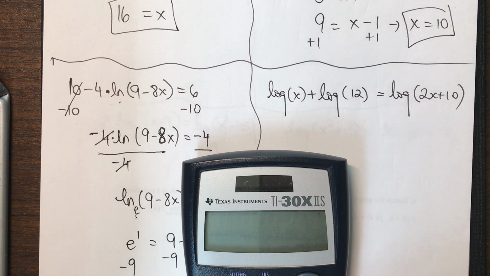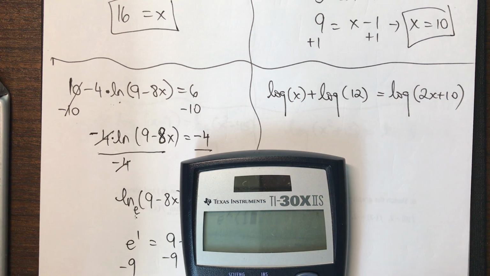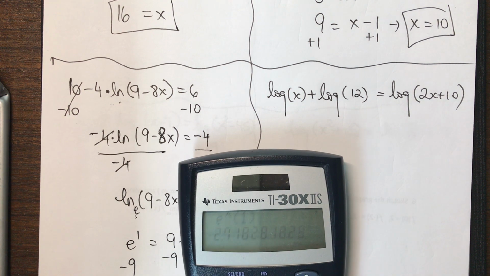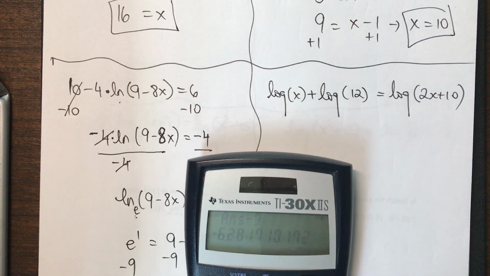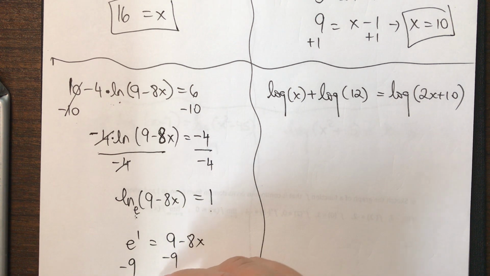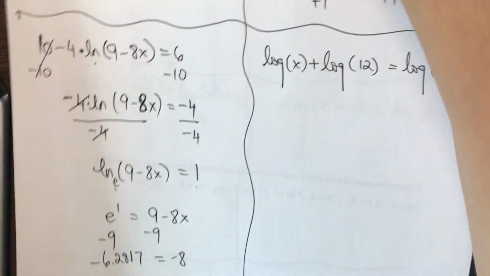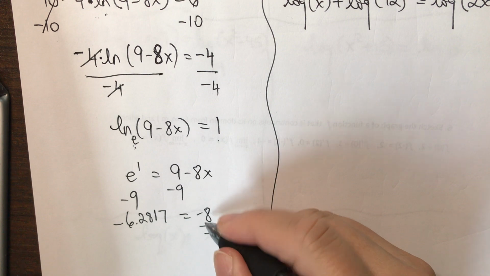Clear the last thing we did. Where is e? Should be with ln. There you go. e to the power of 1, it always makes you do a power, is this, minus 9, is this value here, negative 6.2817. And then, of course, the last thing to do is to simply divide by this negative 8.